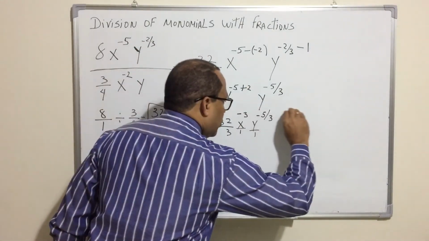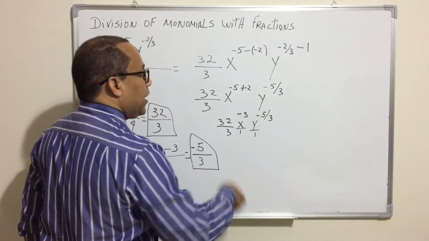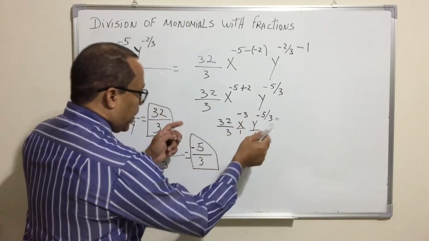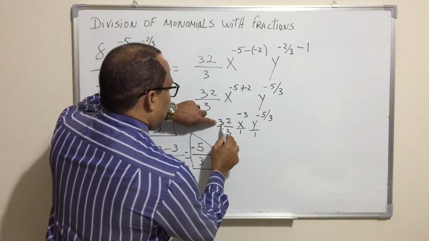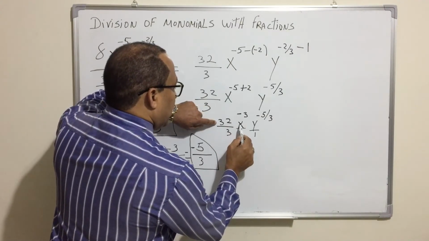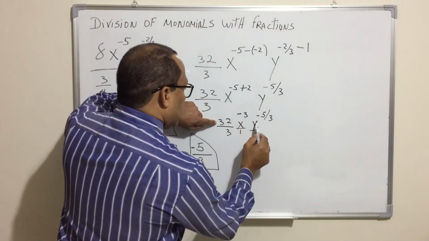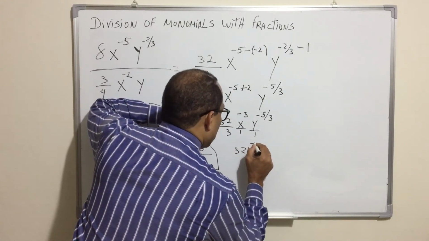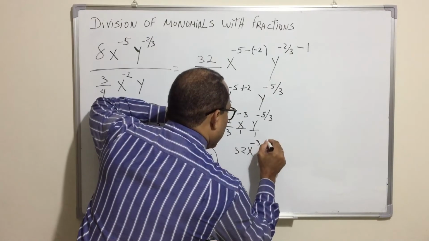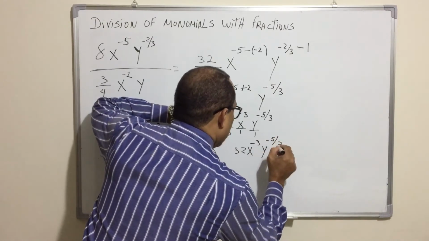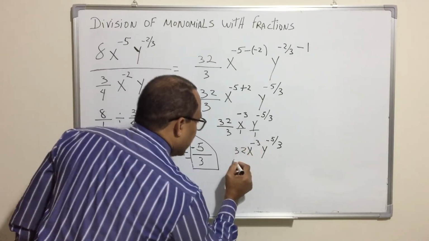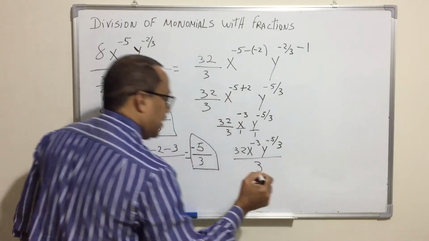They are all numerators. The only denominator is the number 3. Because I can multiply and say 32 times x to the negative 3 times y to the negative 5/3 is 32x to the negative 3 y to the negative 5/3. And then I say 3 times 1 equals 3.